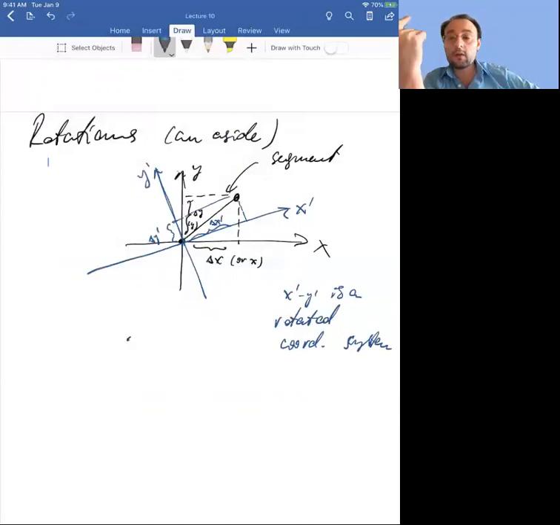Okay, so under rotation, while the x and y components change from one coordinate system to another, in this case I'm looking at rotations of coordinate systems, is there a quantity that remains invariant? Delta x changes, and delta y changes, that depends on the coordinate system.